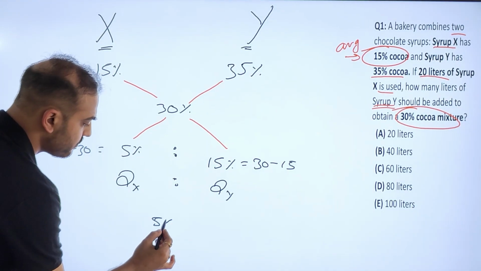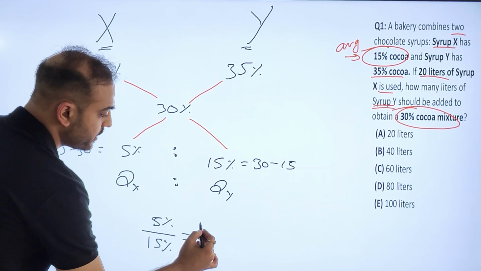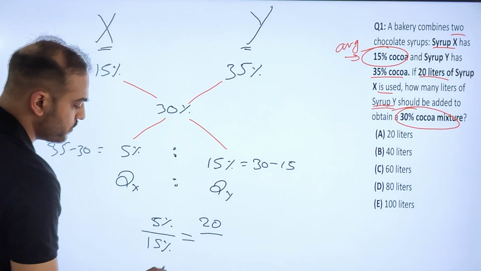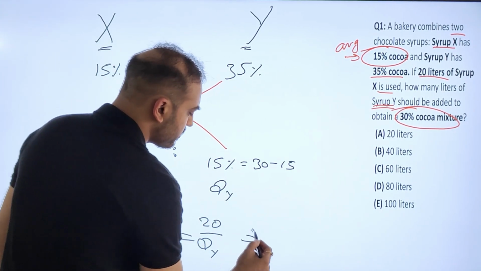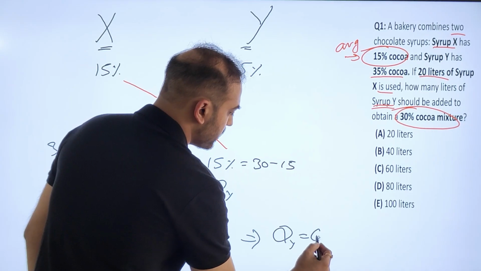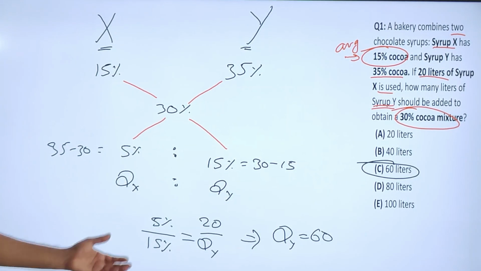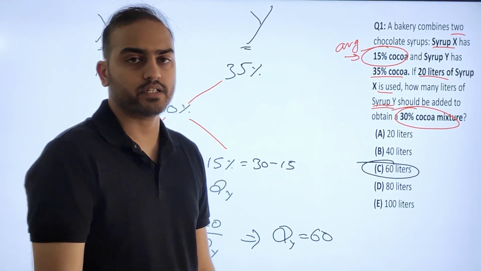So 5% over 15% is quantity of X, which I know from the question is 20 liters, over quantity of Y. If you simplify this, cross multiply, we get quantity of Y as 60 liters.